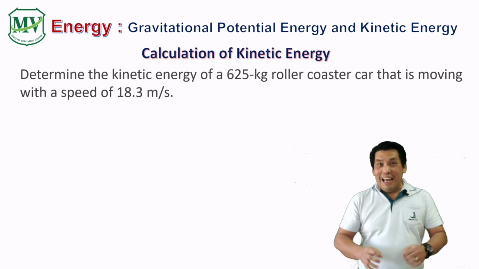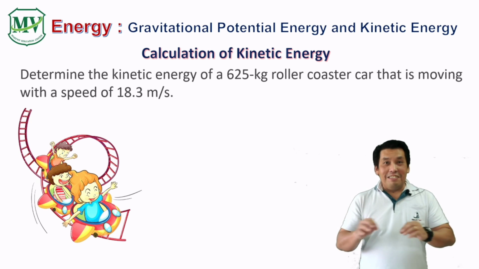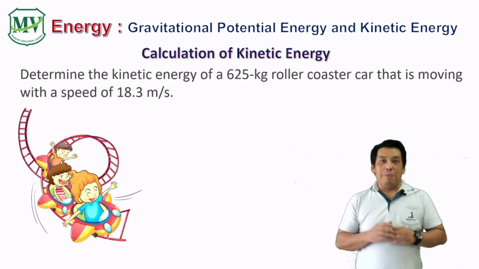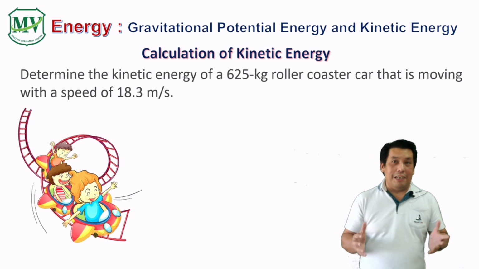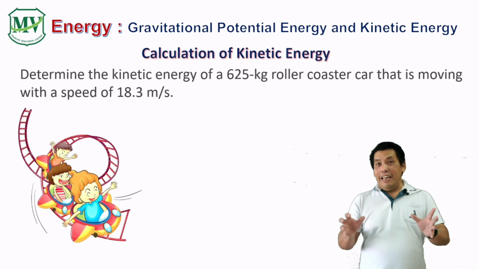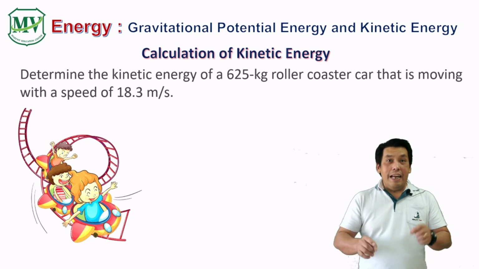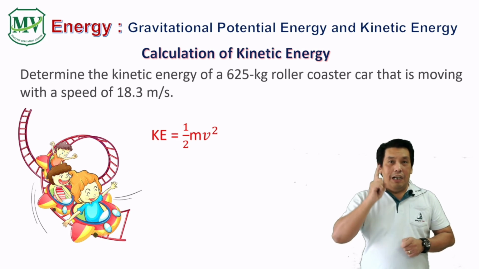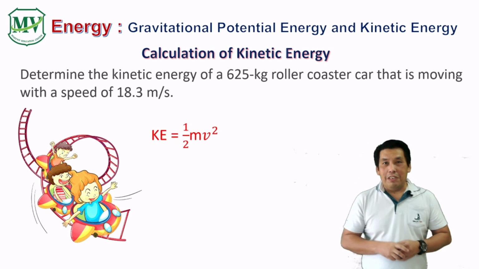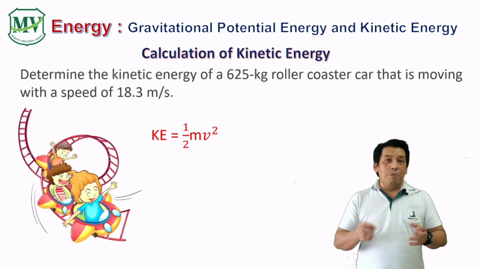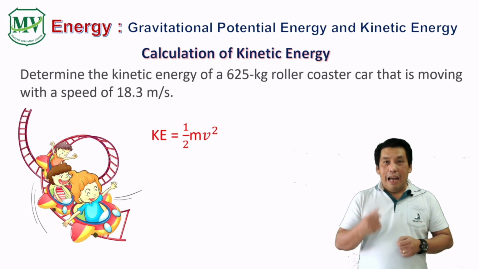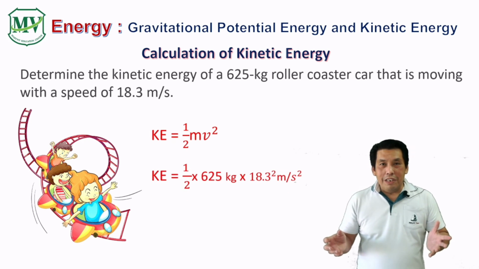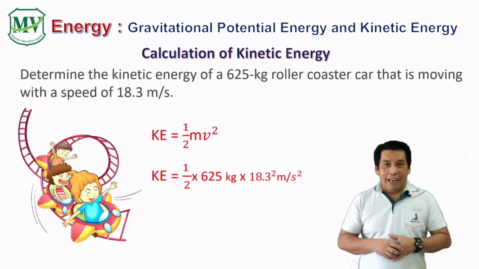To calculate the KE, or kinetic energy, it would be 1/2 times the mass times the square of the object's velocity, which is equal to 0.5 times the mass of 625 and the square of its velocity, which is 18.3.